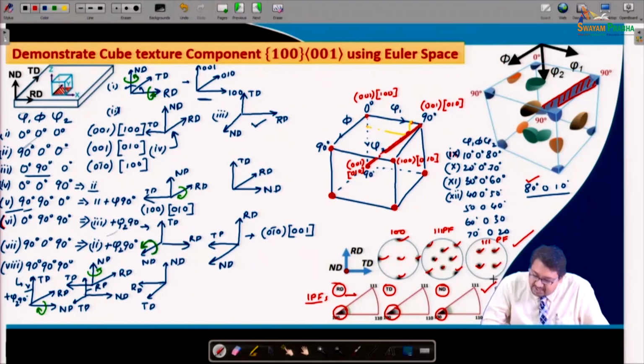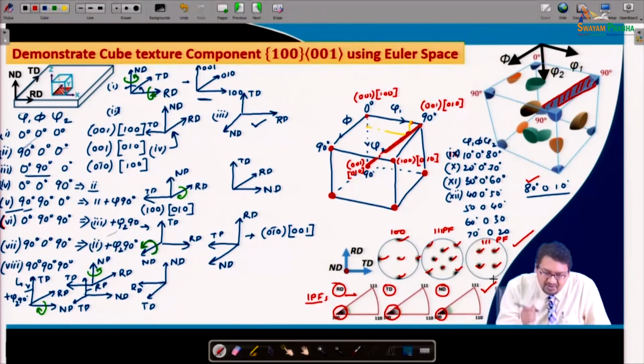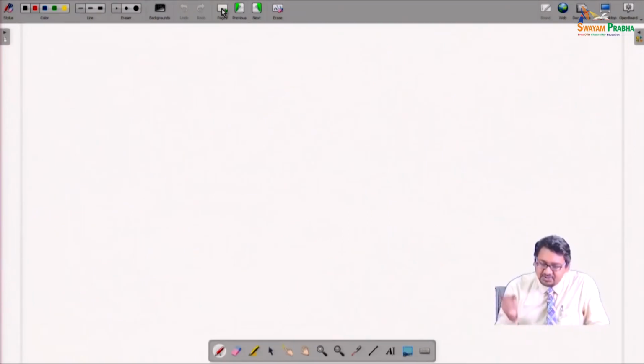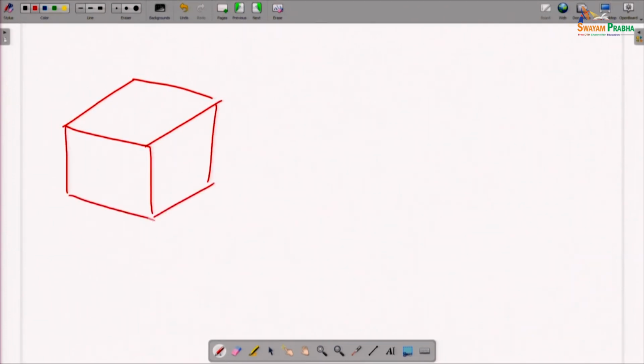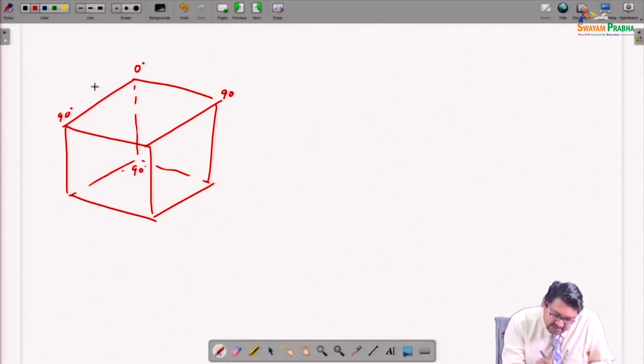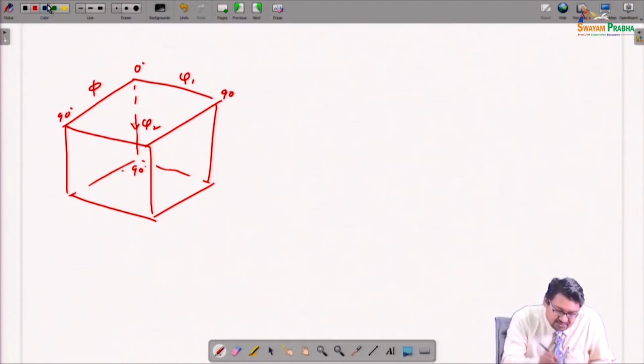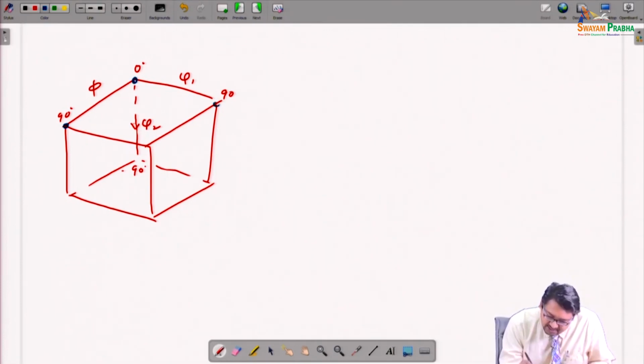Now, you see it is difficult to observe this situation in the Euler space, and therefore, what we do basically is, instead of showing the Euler space which shows the positions of the cube orientations, and I am drawing it once again for your convenience, 0 degree, 90 degrees, 90 degrees and 90 degrees here, and this is phi section, this is phi 1 section, this is phi 2 section, and you can see that the positions of the cube components are this, this, this, this and this.